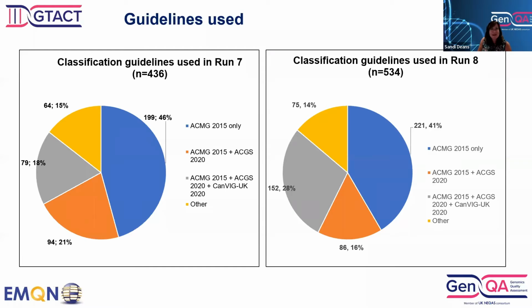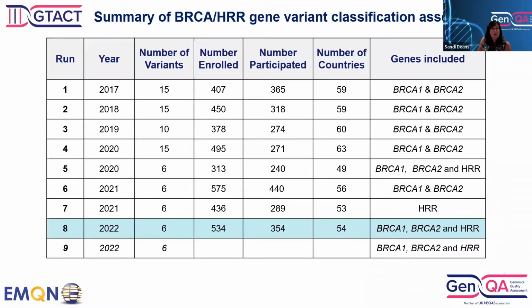So next slide, please. Over the last few years, from 2017, you can see here that we have consistently had good levels of participation for all of the EQA runs. We have looked at expanding into the HRR genes, and Run 7 really was just focused on HRR, but the feedback we're getting from the participants and yourselves is very much to mimic clinical practice.